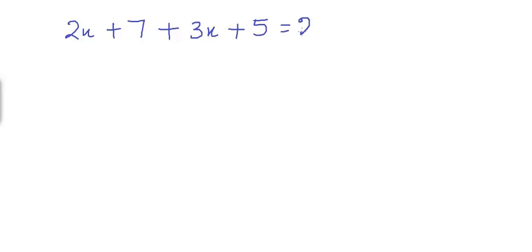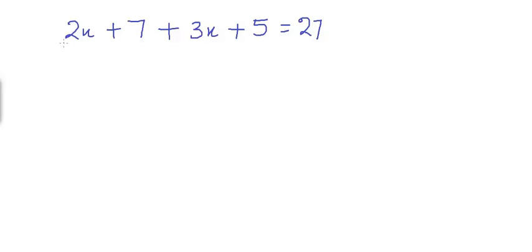Let's look at another equation: 2x plus 7 plus 3x plus 5 is equal to 27.